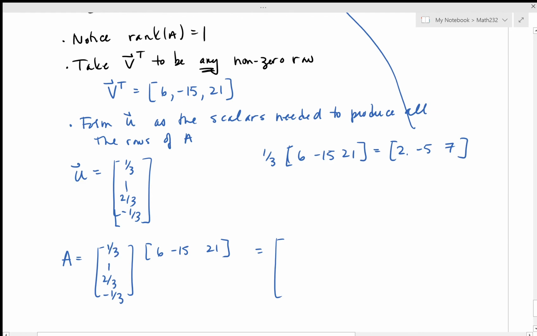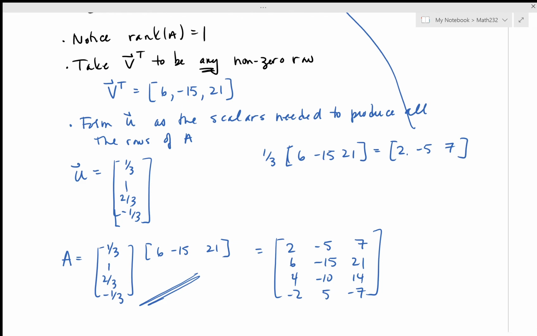So I do 1/3 times 6, I get 2, 1/3 times minus 15, I get minus 5, etc. You can complete this multiplication and you'll get back the original rank 1 matrix. You'll notice that this factorization is actually two different vectors than the ones I started with to form A in the first place, because you can use any non-zero row.